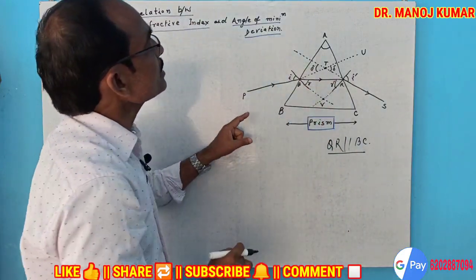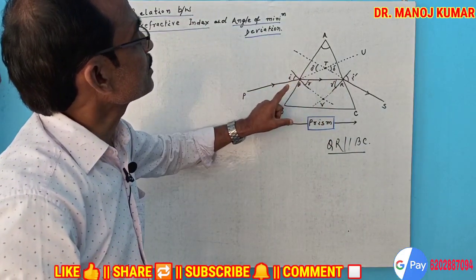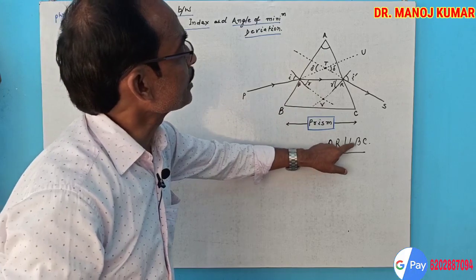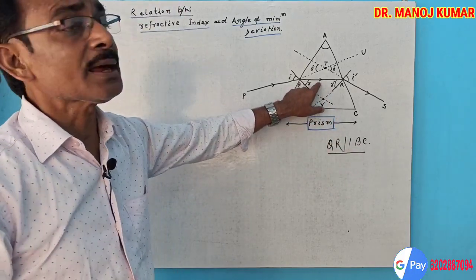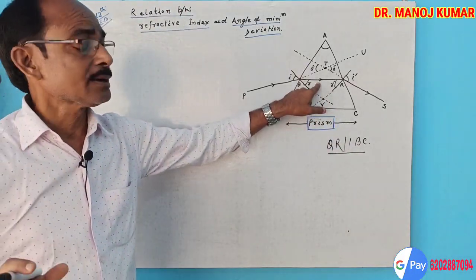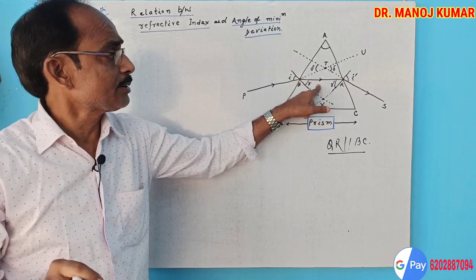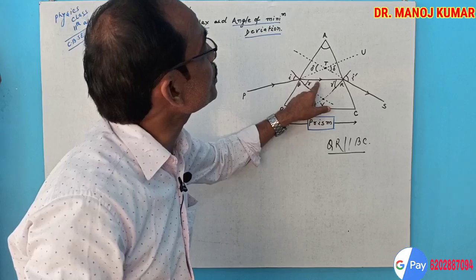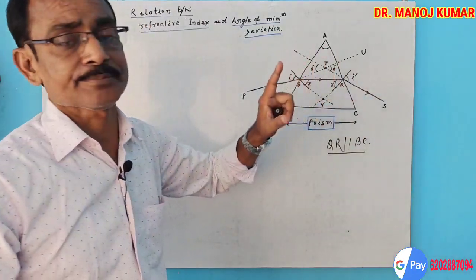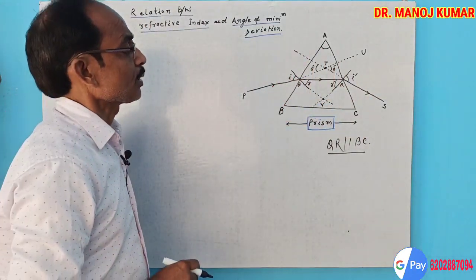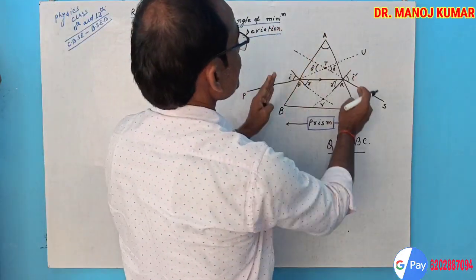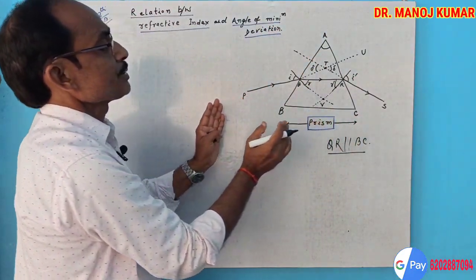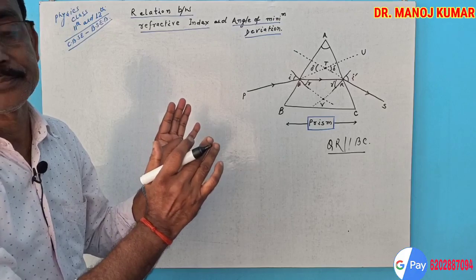Here the first refracted ray, that is parallel to BC, acts as an incident ray from the denser medium to the rarer medium, because the prism is placed in the air medium.